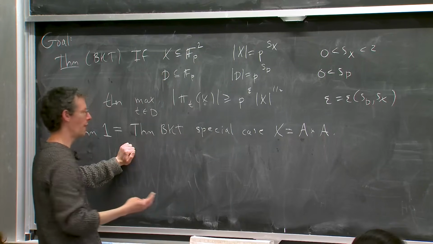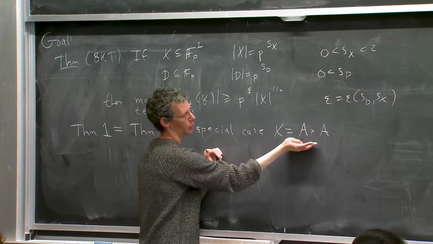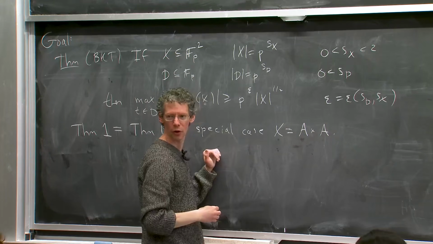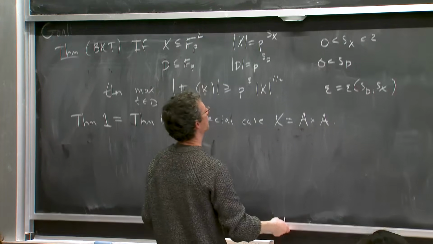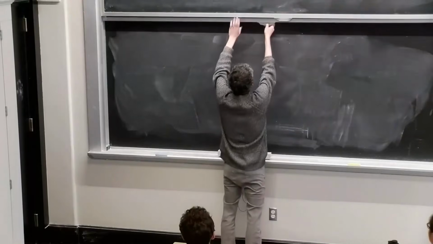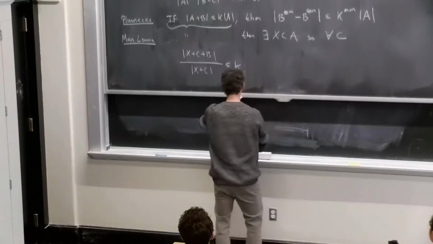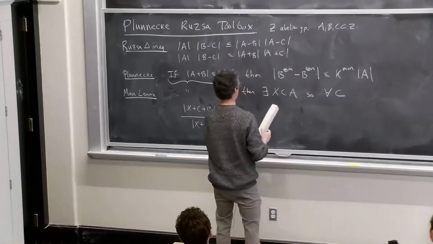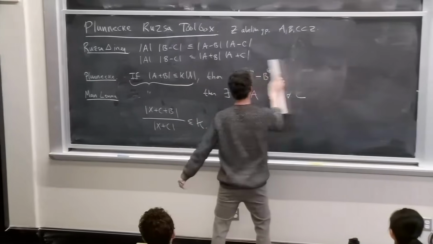And if I convince you of that, then maybe you'll feel like what we've done so far is actually pretty close to our goal. All right, so let's talk about that.